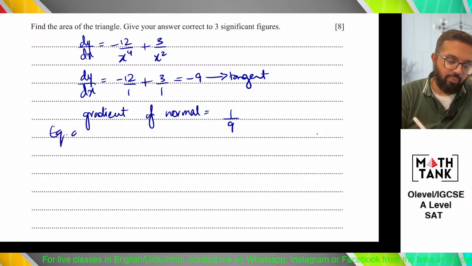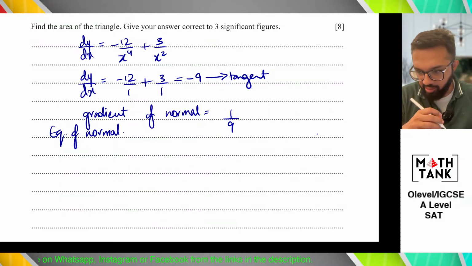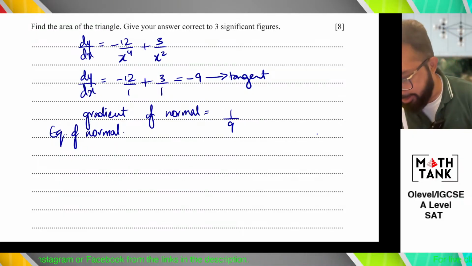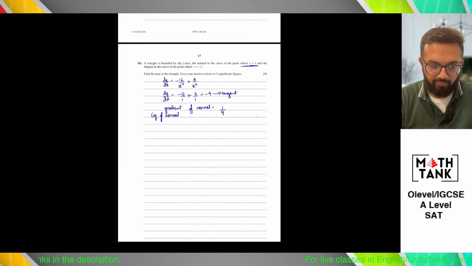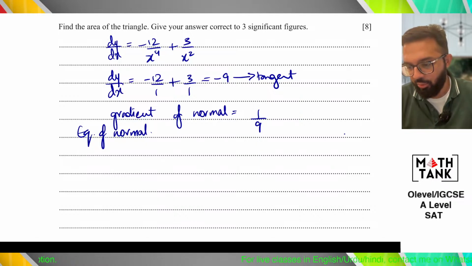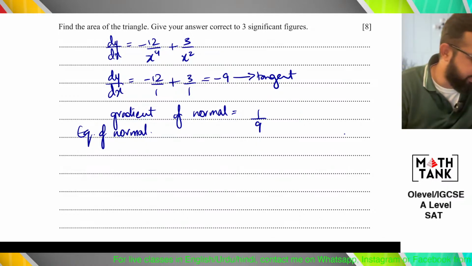Then the equation of the normal. I can't do that right now. Then I'm going to create a problem for the YouTube channel. I'll do a Zoom class someday where I solve that paper.